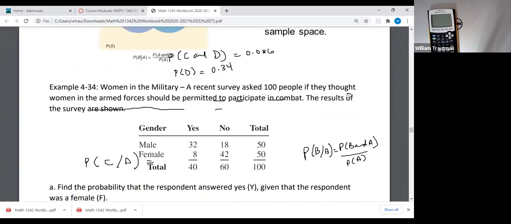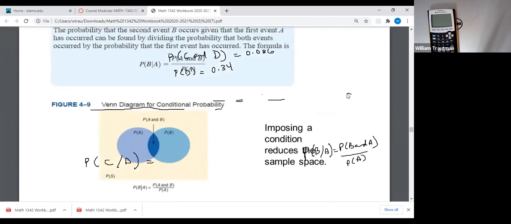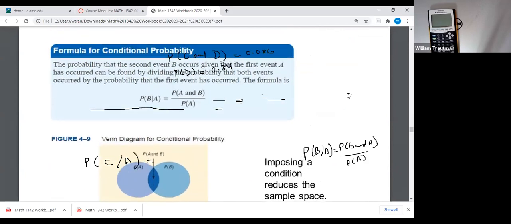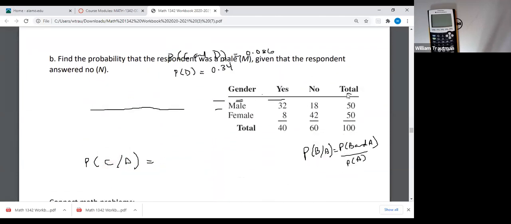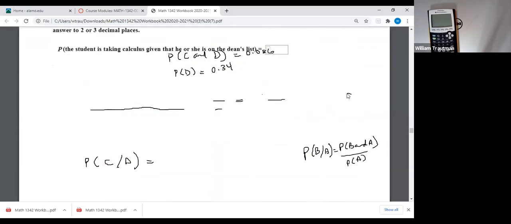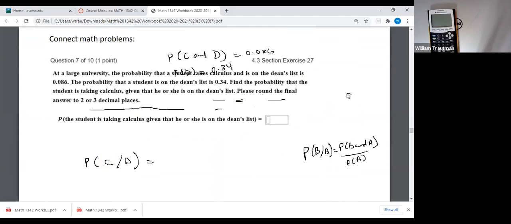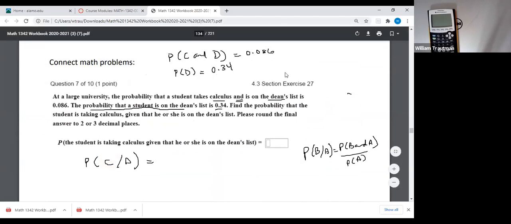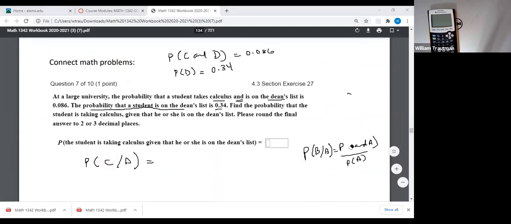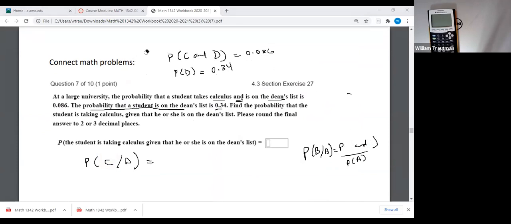Let's see. No, it's probability of B given A. Yeah, I just wrote A backwards right here. Let me change this. B and A is the same thing as A and B.